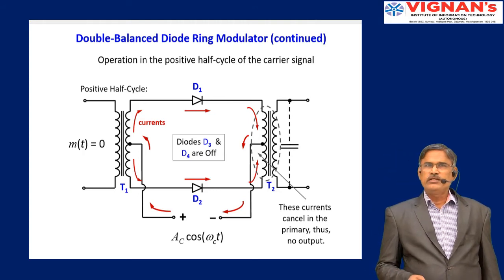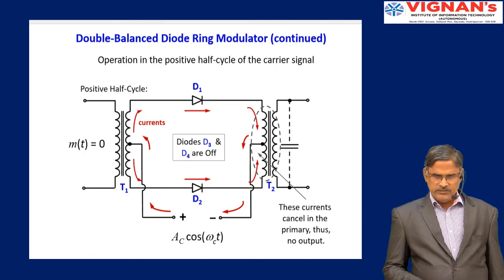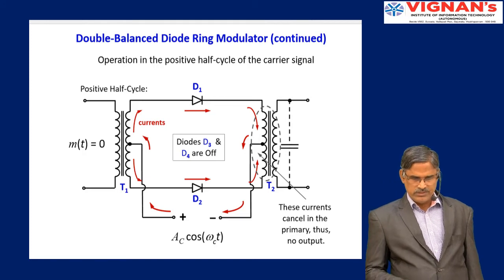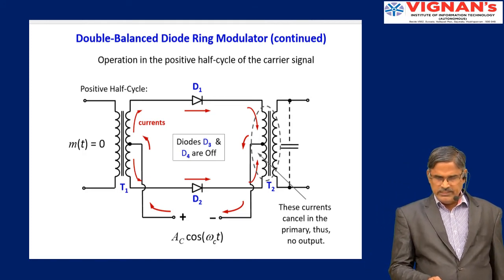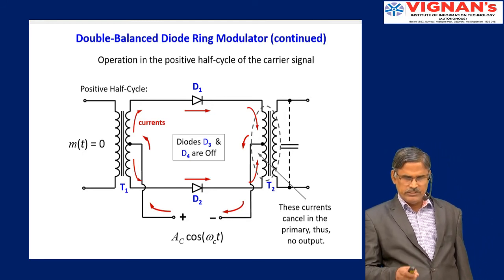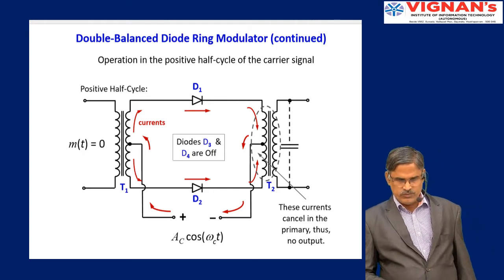So this way the message is also suppressed. By this we see both the carrier and the message are suppressed. And we can see that twice the message signal is going. So in this double balanced ring modulator, the output you get will also be twice.